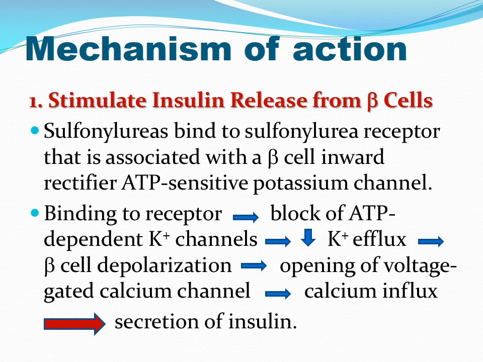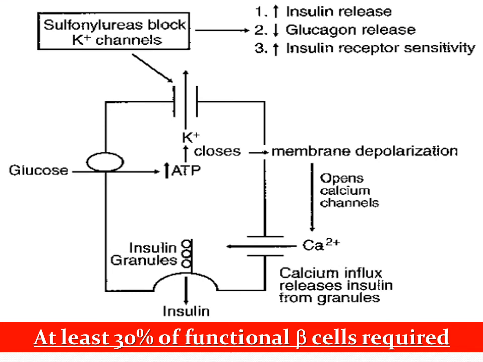That results in beta cell depolarization, opening of the voltage gated calcium channel with influx of calcium into the cell, which will stimulate the secretion of insulin. Other mechanisms include decrease in glucagon release and increase in insulin receptor sensitivity. For sulfonylureas to act, at least about 30% of beta cells in the pancreas should be active.